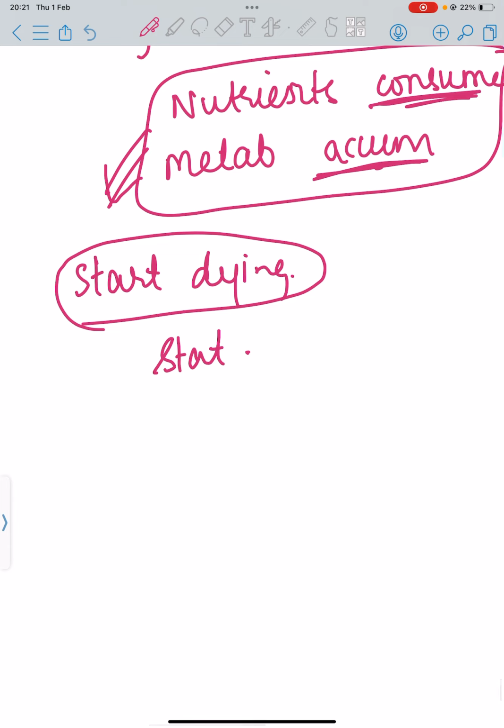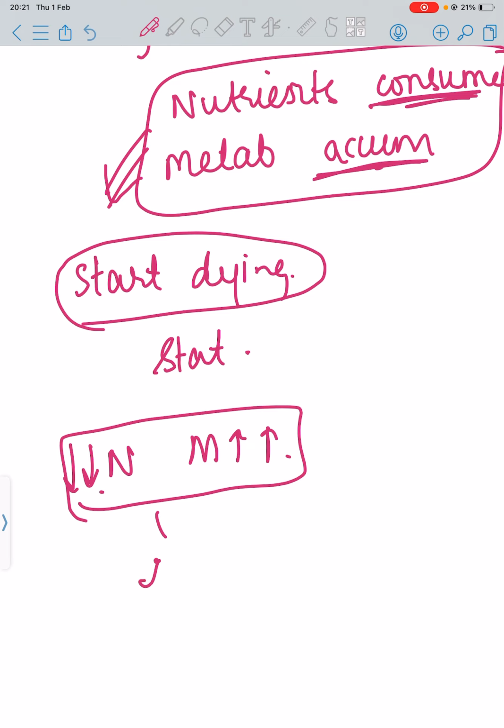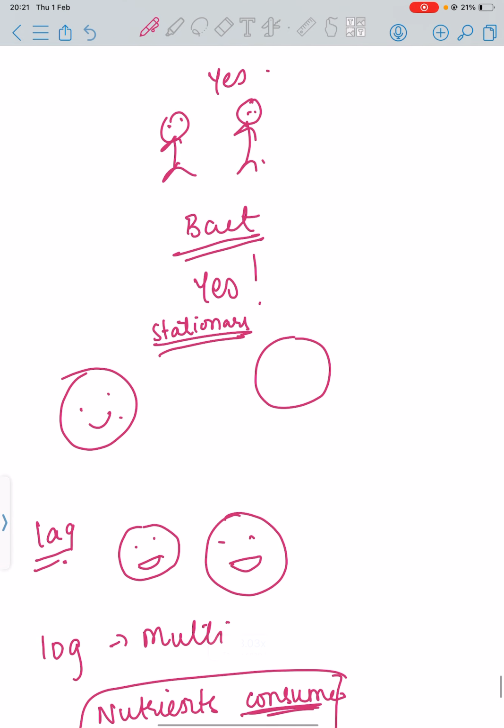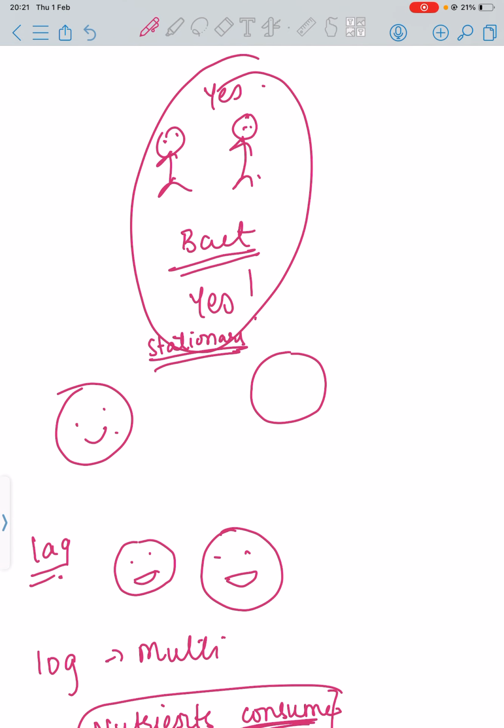Okay. And then when the toxic metabolites are in greater amount and nutrients are very few, then they actually die. All of them die, right? So in stationary phase, I just mentioned this jealousy thing: in humans there is jealousy, in bacteria also there is jealousy.